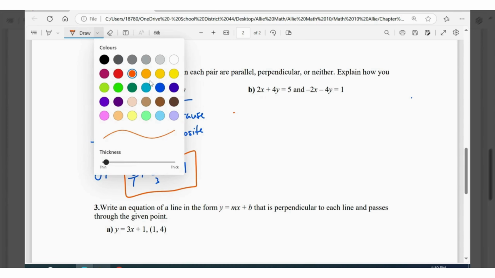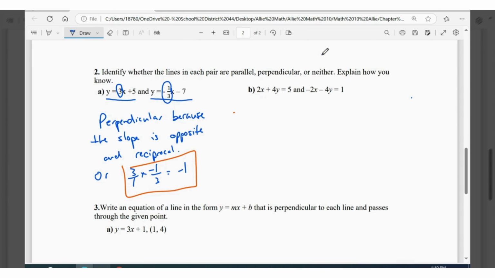These ones, I think it would be easiest to compare if we have them both in slope-intercept form. So let's convert each of these. We want the y on one side. Let's move the 2x over to the other side. Let's subtract 2x from each side. We'd have 4y equals -2x plus 5.